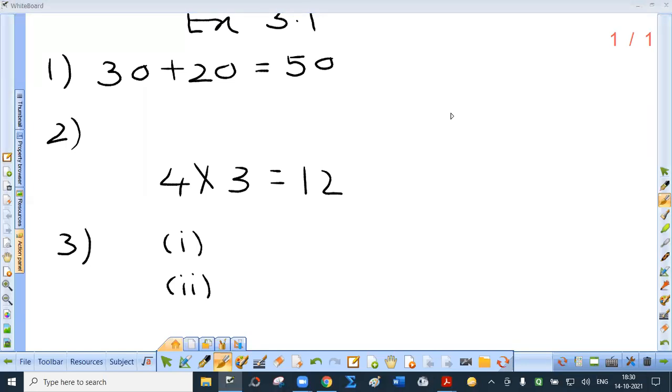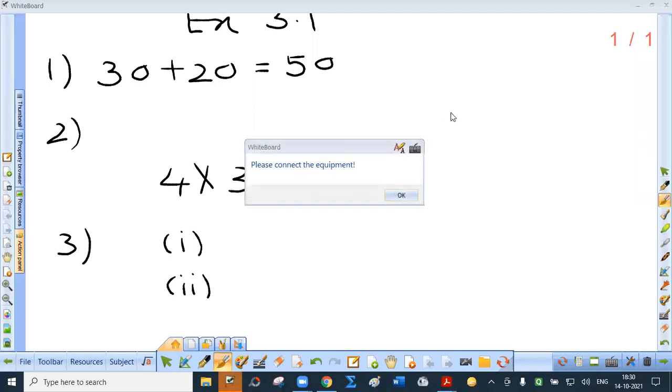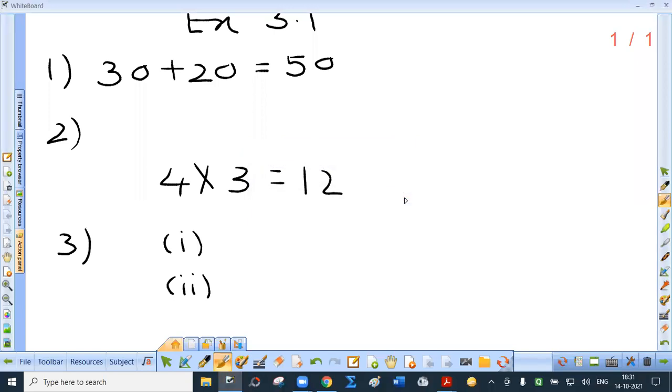Therefore, total number of words equal to 5 into 4 equal to 20.